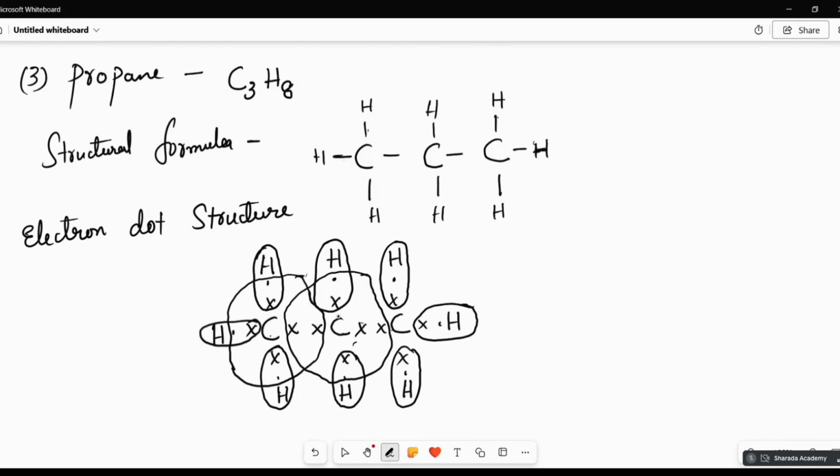Netra, when you are putting this, you had circled even this carbon, which you should not circle. For this carbon, we have 2, 4, these two electrons plus this, so we have 2, 4, 6, 8 electrons. So this is the electron dot structure. Tomorrow we will study about the allotropes of carbon.